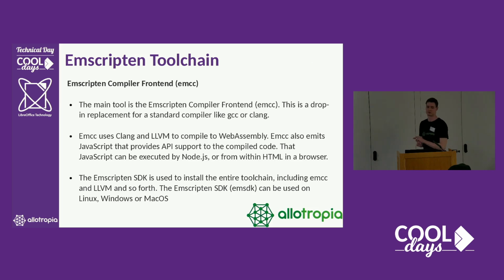This is a drop-in replacement for a standard compiler like GCC or Clang. EMCC uses Clang and LLVM to compile to WebAssembly, and also emits JavaScript that provides API support to the compiled code. The JavaScript can be executed by Node.js or from within HTML in a browser. It can be used on Linux, Windows, or macOS as well.